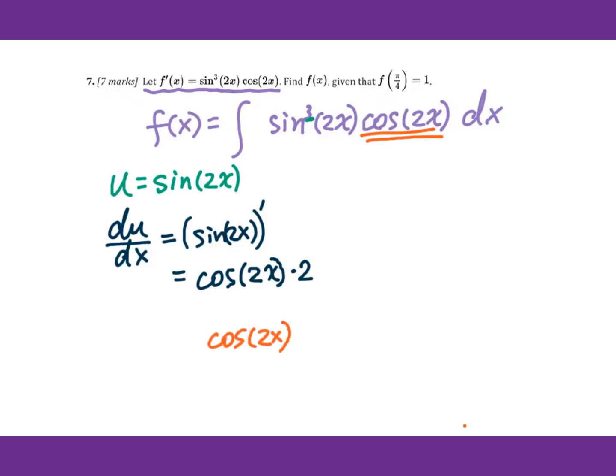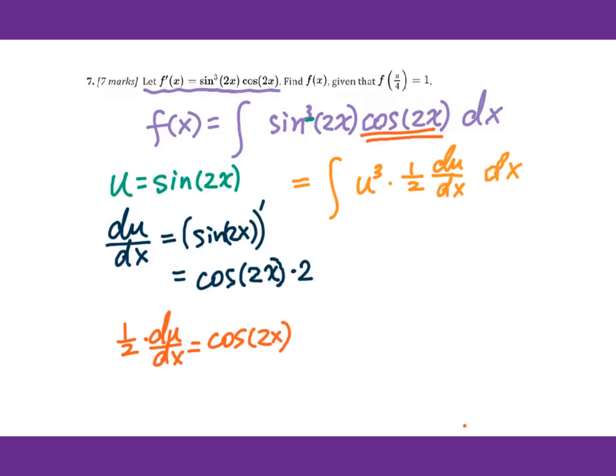We divide both sides by 2. You will get 1/2 times du dx. This time, we need to plug in. That is u to the third power times 1/2 du dx.